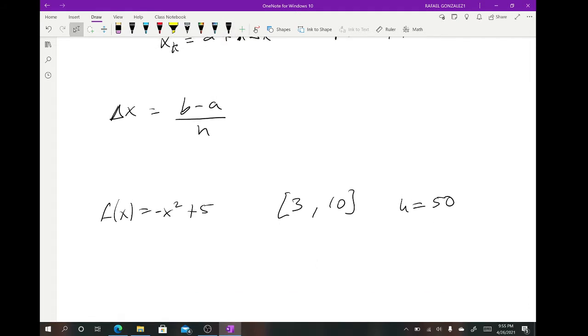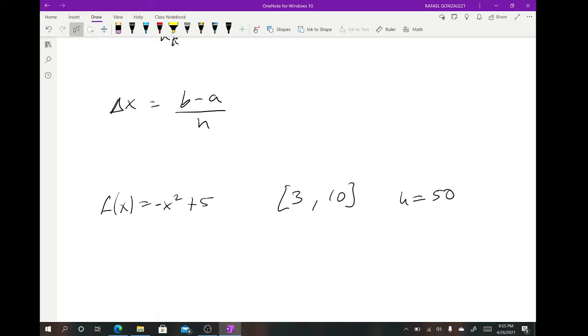Well, to find the Riemann sum and the area under this curve, you first need to compute delta x, which is b minus a. In this business, b is the biggest value, a is the smallest value, so this is going to be 10 minus 3 divided by n, which is 50.